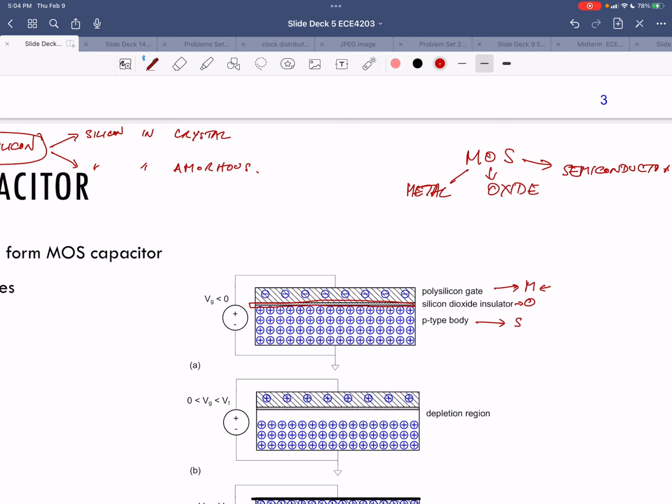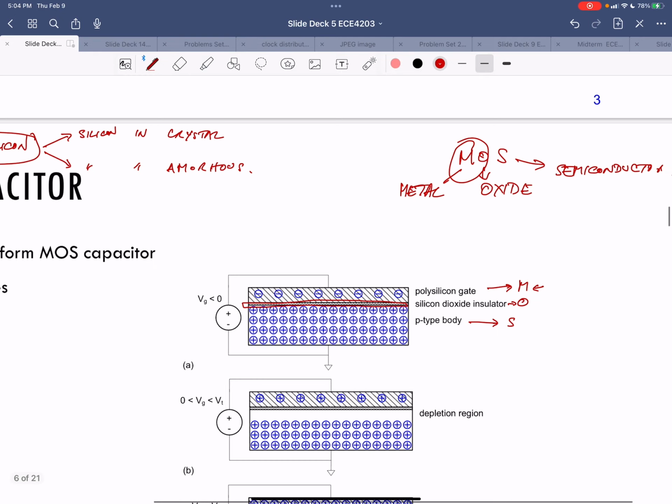But it's a semiconductor, though in the scheme of things for our MOS transistor or MOS capacitor, it's the so-called metal part. And then the semiconductor is, in this case, the p-type body. You could have the reverse and have an n-type body, and all the voltages, etc., would get flipped around.